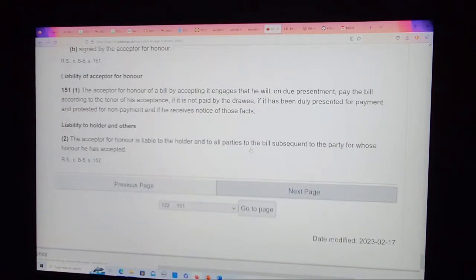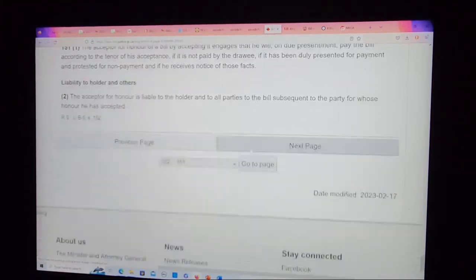The acceptor for honor of a bill, by accepting it, engages that he will, on due presentment, pay the bill according to the tenor of his acceptance, if it is not paid by the drawee, if it has been duly presented for payment and protested for non-payment, and if he receives notice of those facts.